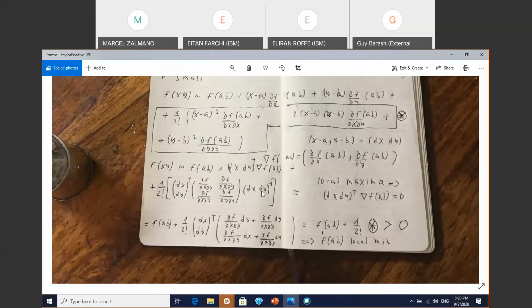So x squared is positive, 2 factorial is positive, and the second derivative needs to be what in order for the point to be a minimum? Eitan? Say again?